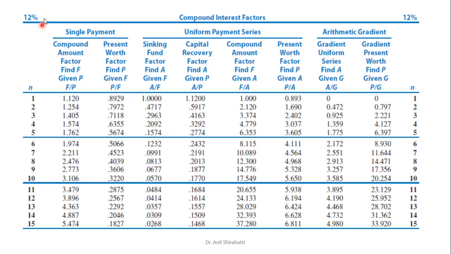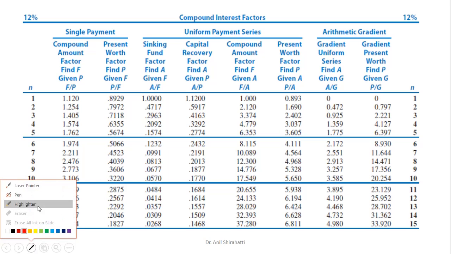In this case I'm showing you the 12%, and we are interested in the F by A value, so we have to go against that column. I is done, that is 12%, and F by A is done.